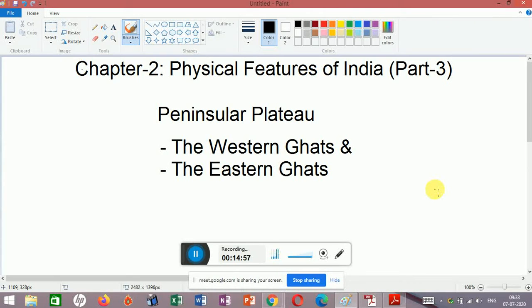This is the last part. Last time we discussed the peninsular plateau, and today we shall start with the discussion about the Western Ghats and the Eastern Ghats. Do you see my screen?